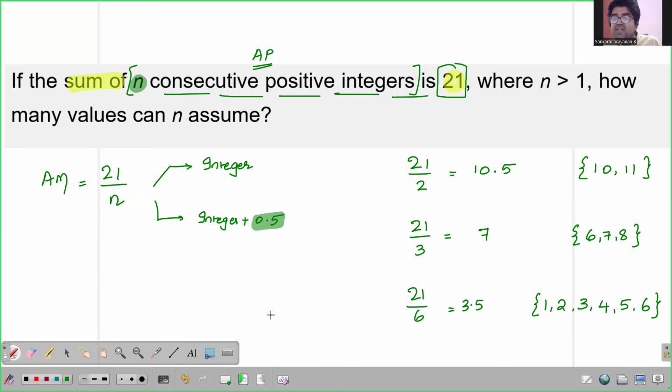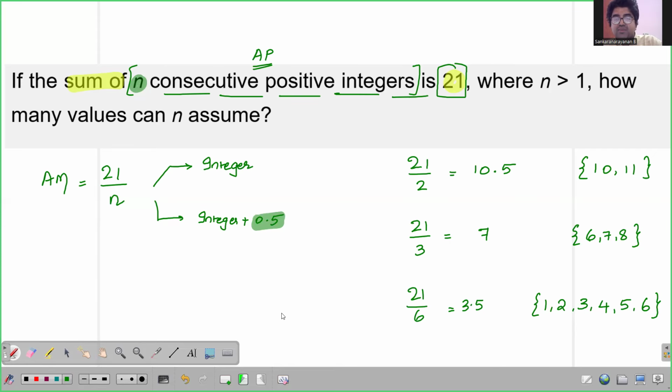Okay, so please be aware, as far as this question is concerned, how many values can this n assume? That is the question. So how many values can we consider here? I can see that totally 3 possibilities are there.